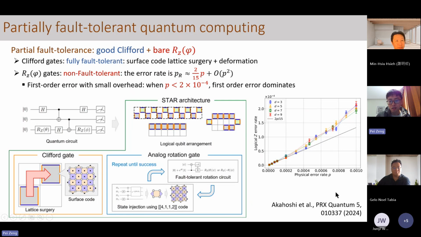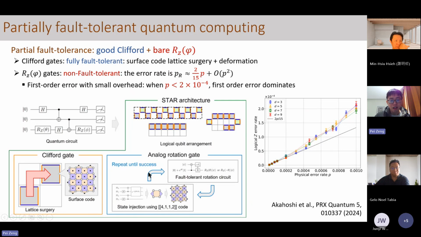In 2024, they proposed a hybrid architecture called the STAR architecture, a partial fault-tolerance design. The major idea is that you do the Clifford gates based on transversal gates or lattice surgery, which can be done very efficiently with a low space-time cost and very high accuracy.